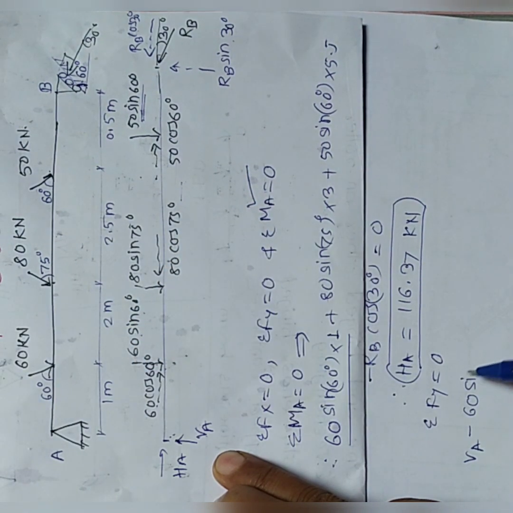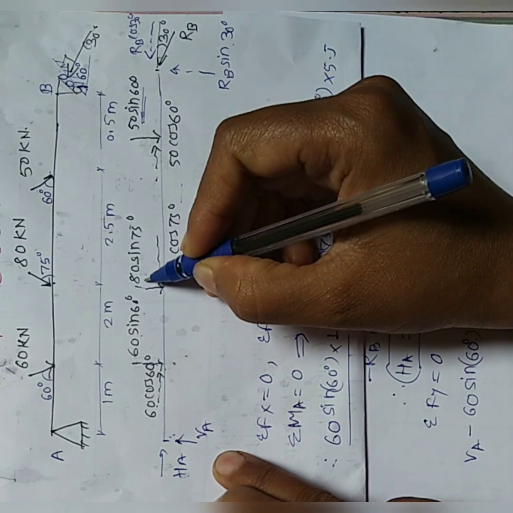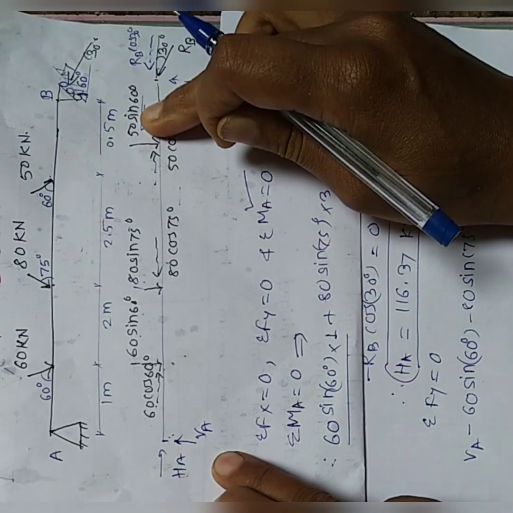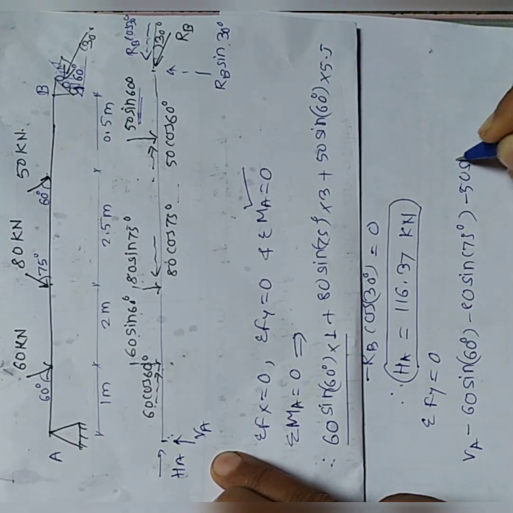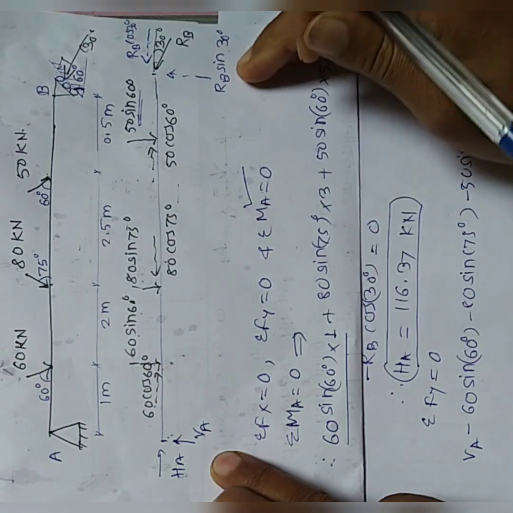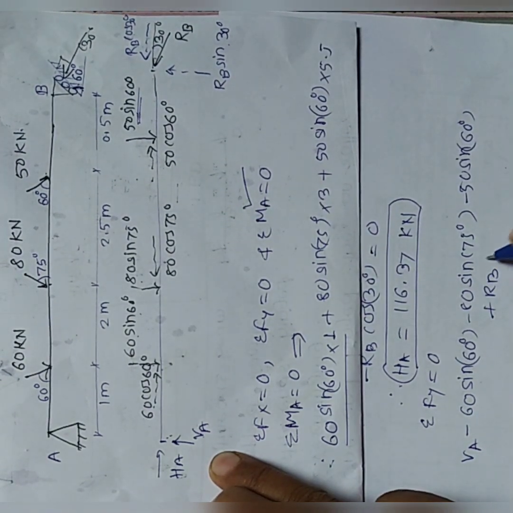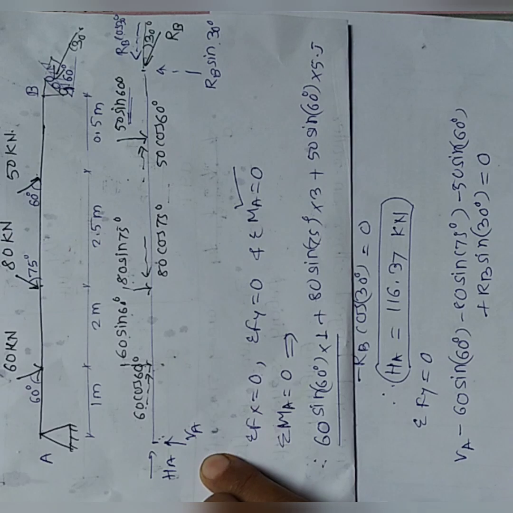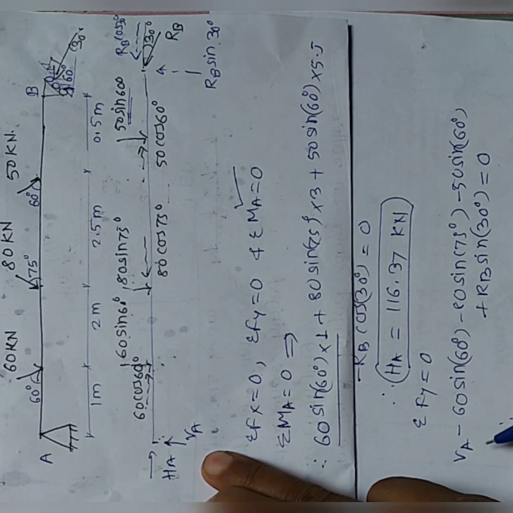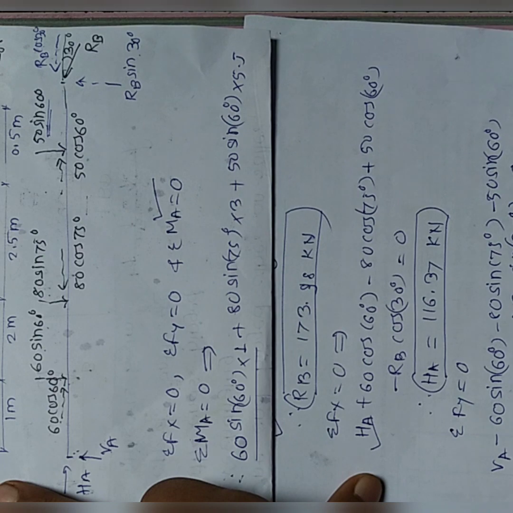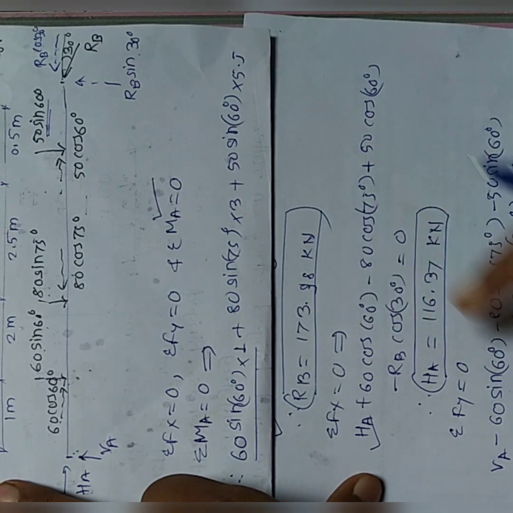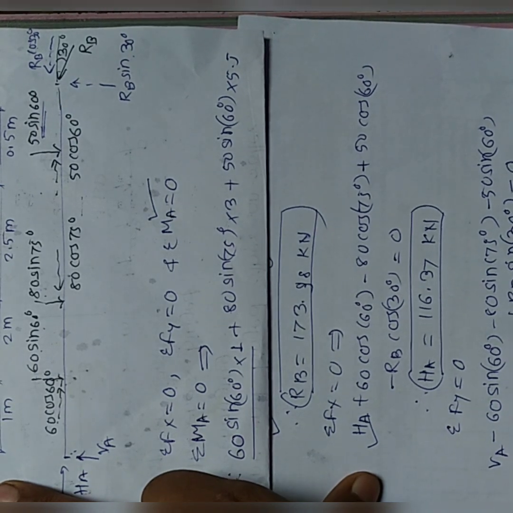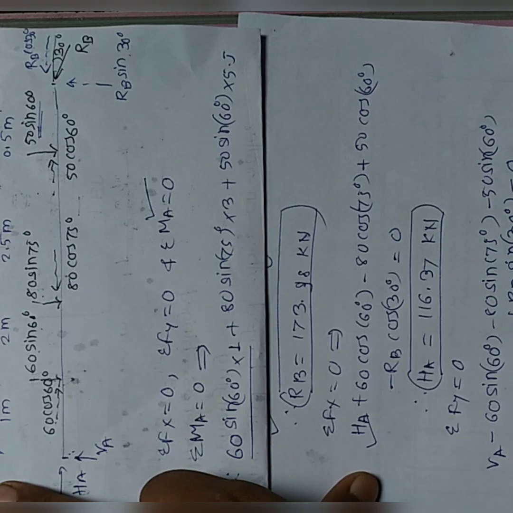Minus 60 sin of 60 degree, minus 80 sin of 75 degree, minus 50 sin of 60 degree, plus RB sin of 30 degree is equal to 0. Okay, therefore since you know the value for RB, put the value of RB, 173, here and calculate the value for VA. Therefore VA is equal to 85.51 kilonewton.